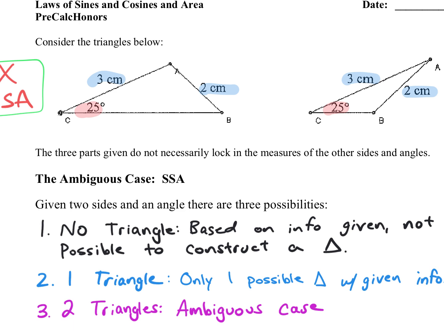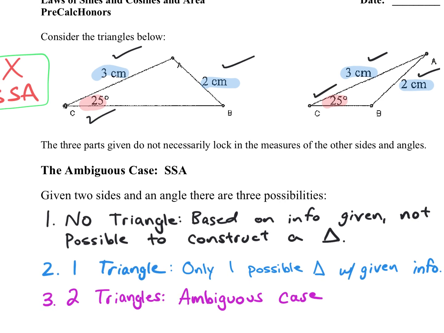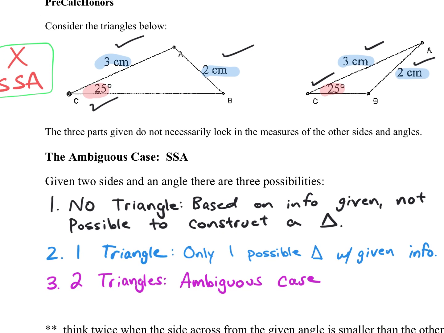I would say pretty clearly these two triangles are not the same, but they have a side, and a non-contained angle in common, right? Side, side, non-contained angle. Basically, this is not enough to say that we know everything we need to about this triangle.